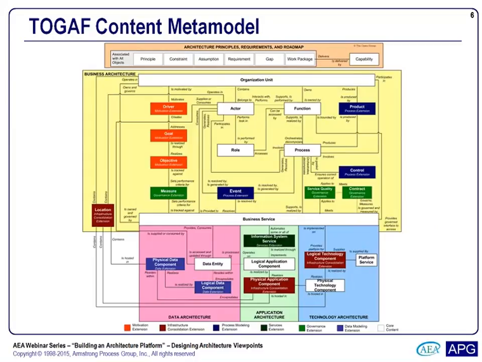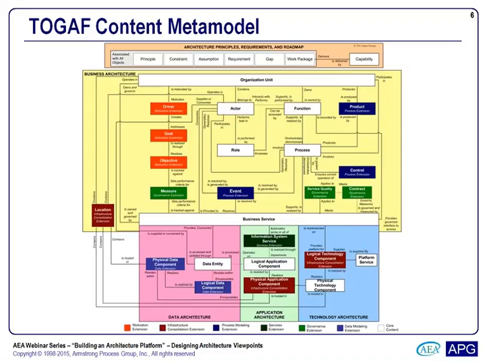Things like organization units, actors, functions, processes, services, data entities, applications, and technologies. And then additional elements that might be added based on certain use cases, like driver, goal, and objective for strategic modeling and motivation modeling. Event, control, and product for process modeling. Location, physical and logical technology, and application components for infrastructure consolidation.